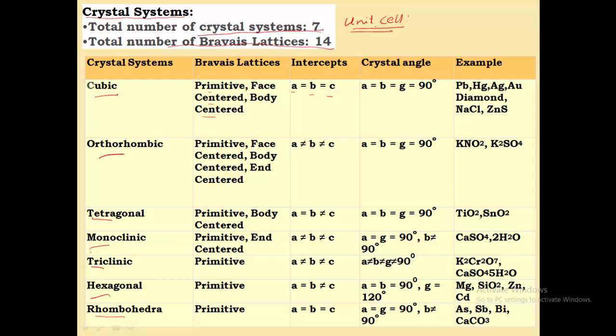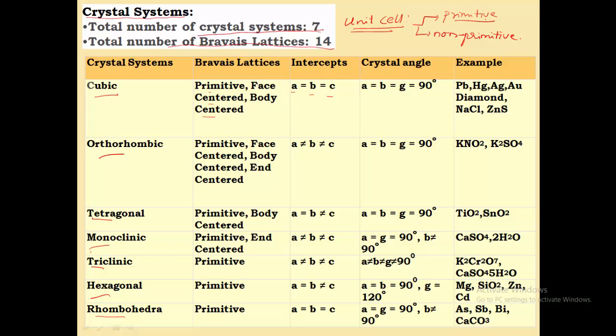These unit cells are classified into 2 types, those are primitive and non-primitive. These things you have already learned, primitive and non-primitive.